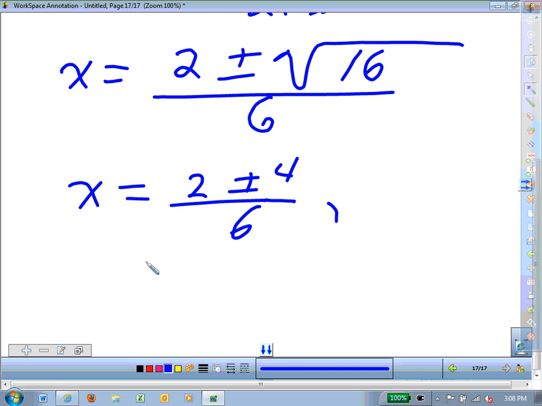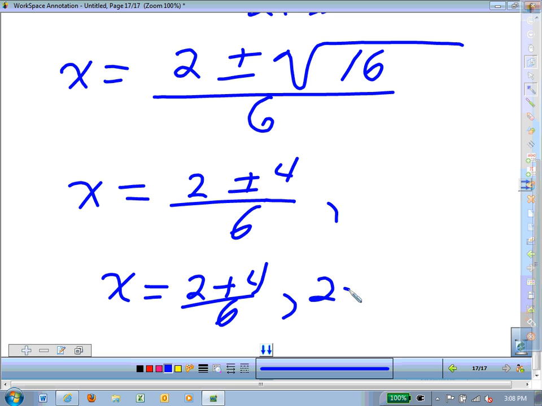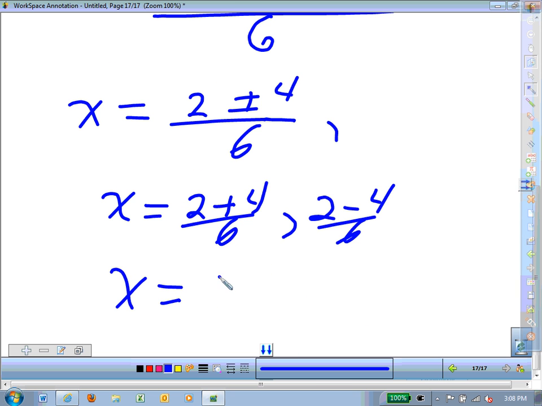So at that point, if I end up having a radical, I'd probably leave it in this form. In this case, I can come out with two nice rational numbers. So I get 2 plus 4 over 6 and 2 minus 4 over 6, right? So a 1 and a minus 1/3, I think so. So it does it.